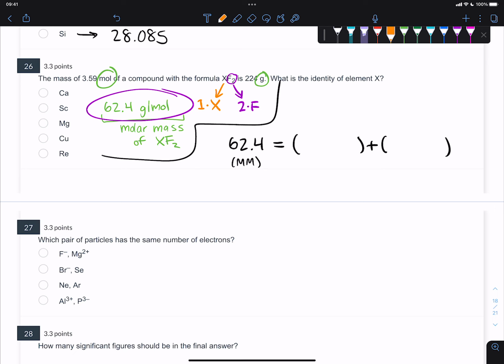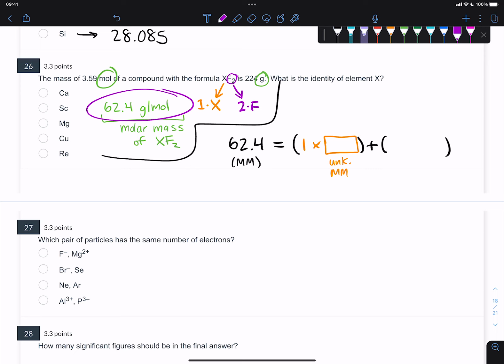So let's do those 2 elements color-coded. There is only one atom of the element we don't know. We don't know what the molar mass is. This is the unknown molar mass of the unknown element. Once you find the molar mass of this mystery element, you can find what it is by looking on the actual periodic table. But let's just come back to that.